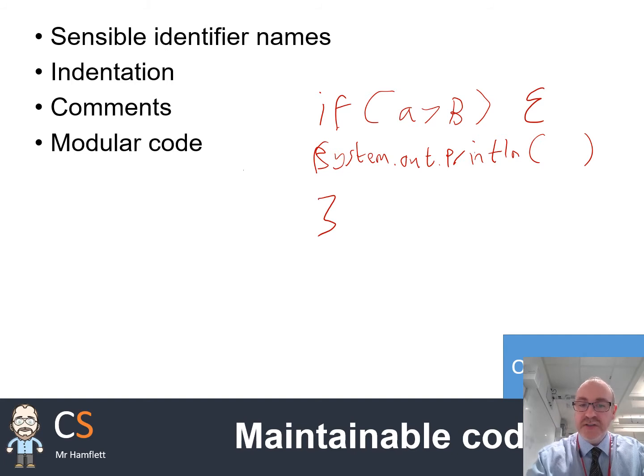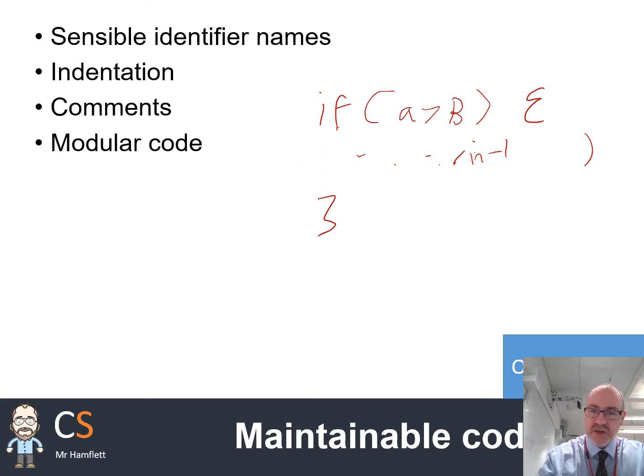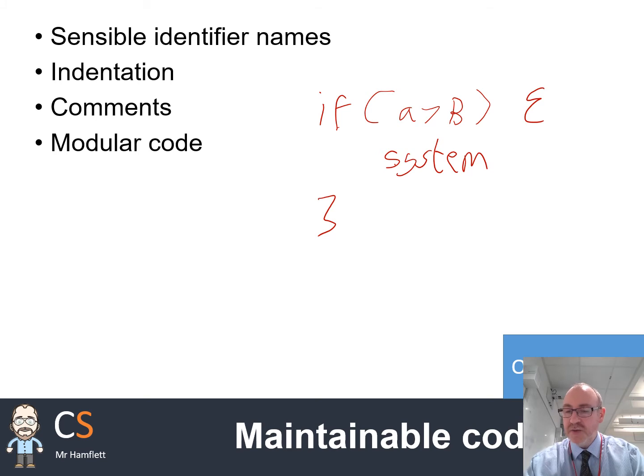Okay, but notice I've not indented it here. That's perfectly legitimate in Java and C++, but it does make your code hard to read. So actually, if I want to do this properly, what I really should do, oops, I'm going to get the rubber, there we go, is start my writing here. So just tab it in. The biggest difference between Java and Python in terms of indentation is that in Java it's optional, but good practice, while in Python you have to have it, otherwise it just won't run.